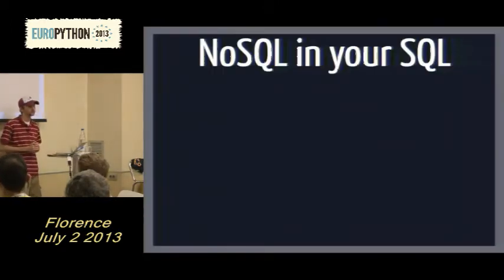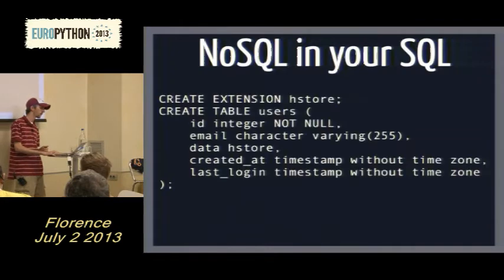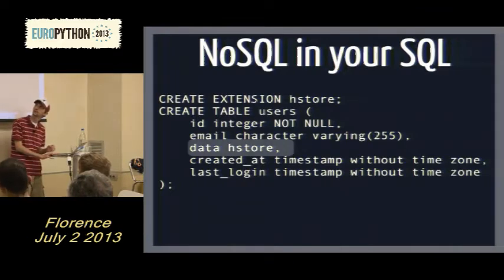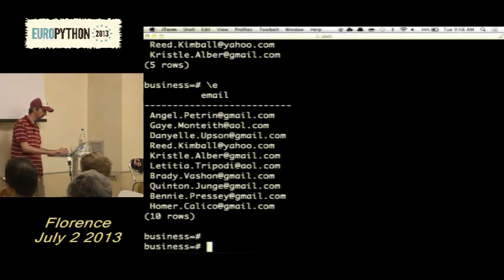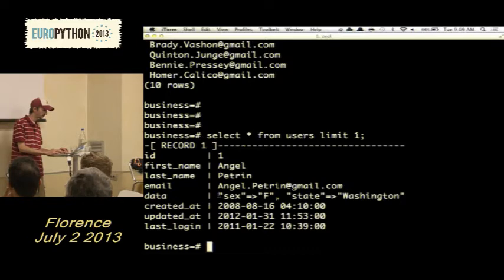And one of those that we use a lot actually at Heroku inside some core systems, we find a lot of people, once they discover it, really like it, is HStore. It's basically a key value store inside your database. So I can create it right here. Then I can just insert key value directly into that column. So if I hop over here onto my database, I can see right here on data, I've got key for sex as female and state as Washington.